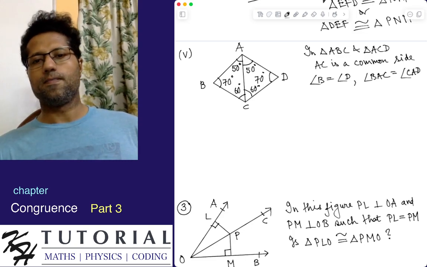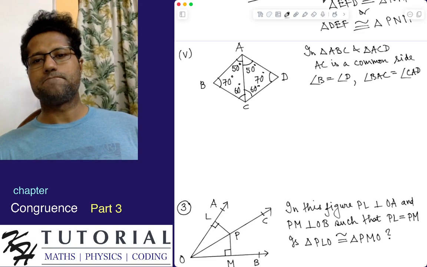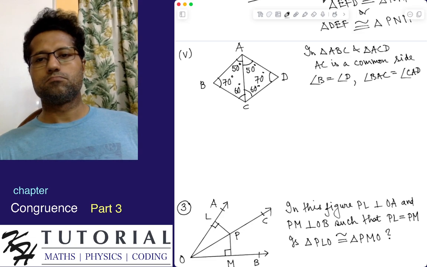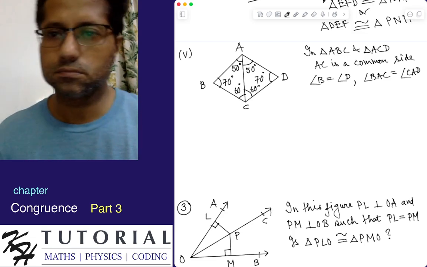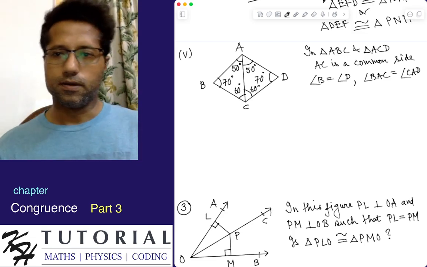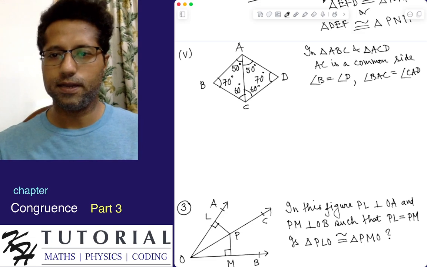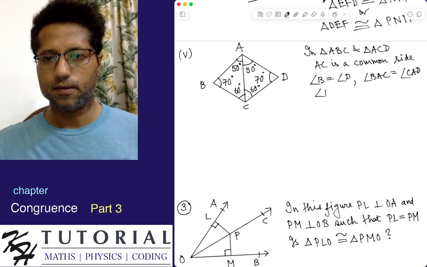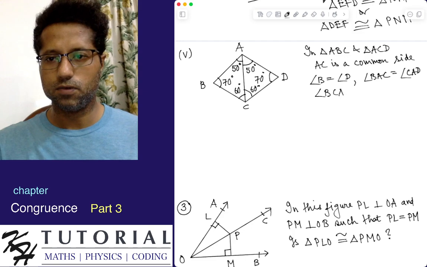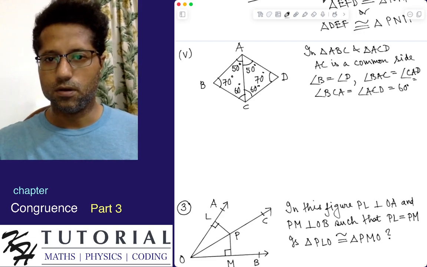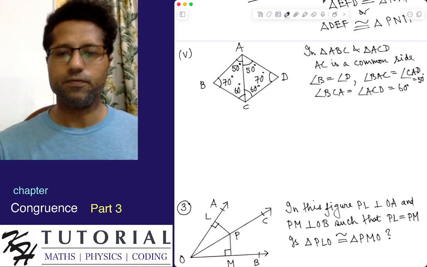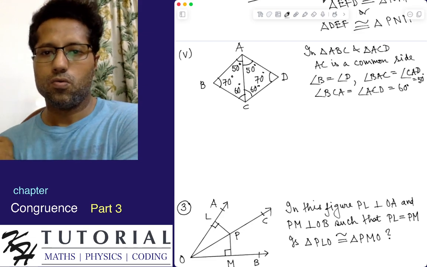Also it is given that angle BCA is equal to angle ACD, which is given to be 60 degrees, and this was equal to 50 degrees.